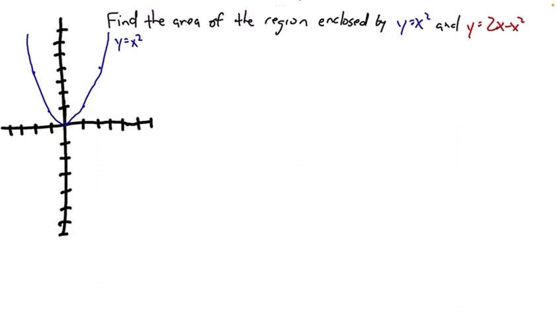Now here we have y is equal to 2x minus x squared. Now this is different. It isn't quite as basic, but remember, that's a negative x squared. So our parabola is going to point downward. And c is equal to 0, so we know it's going to go through the origin.